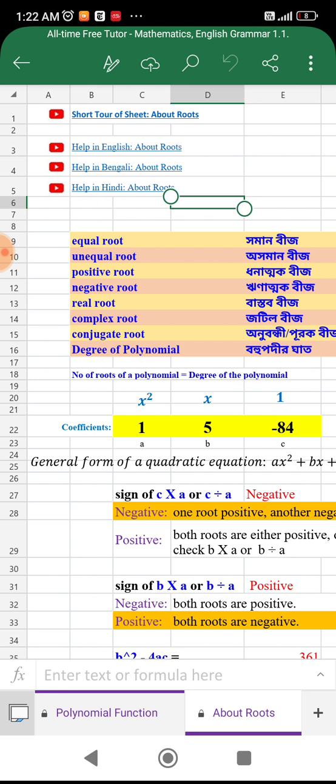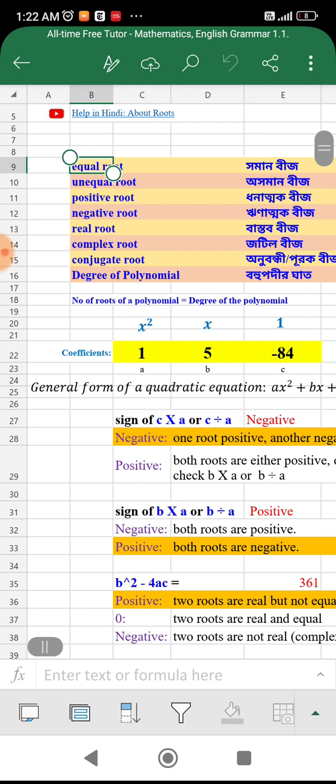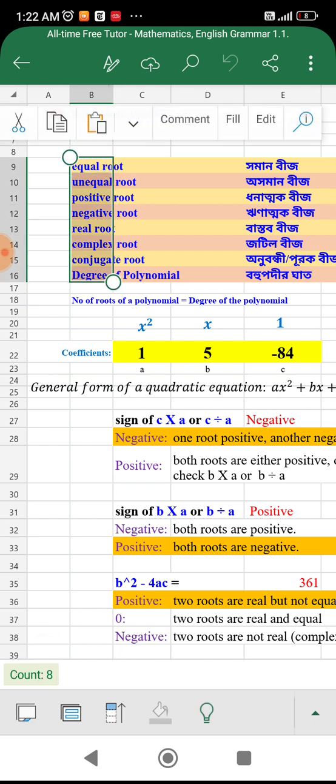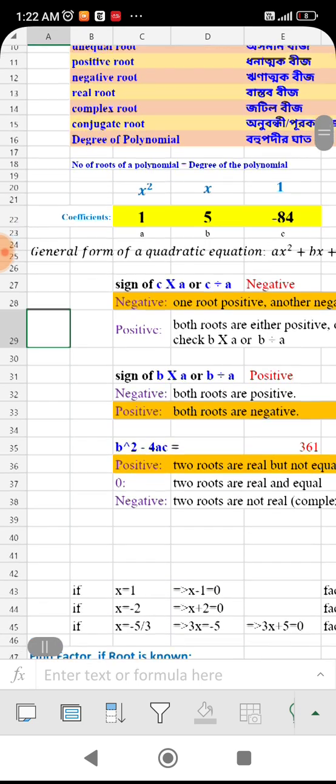First, we have to know about the roots. We know these English terms. I am not discussing this, I am just coming straight to the problems.